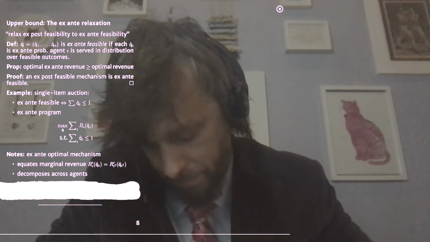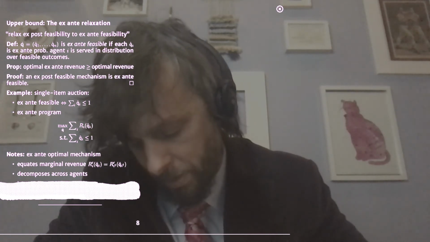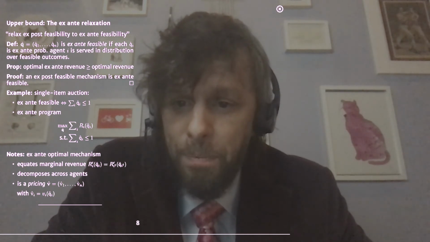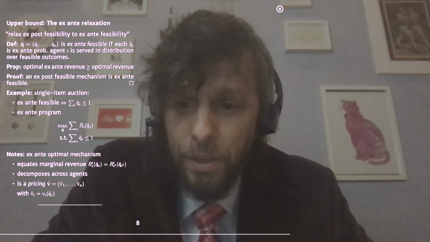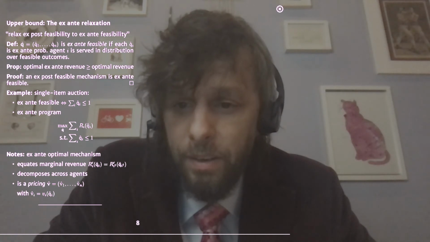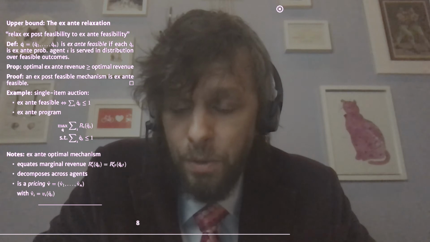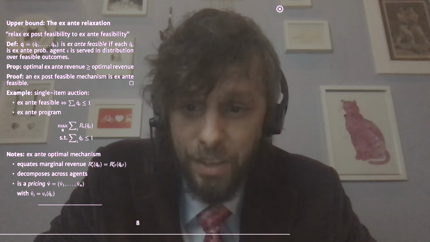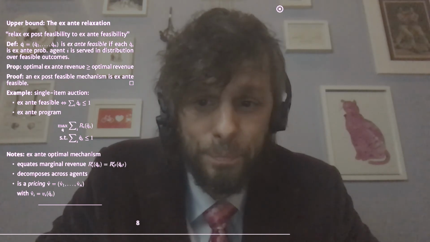And in particular, it's going to look like a pricing. So the optimal solution is going to be a pricing, which I'll denote by the vector v hat with components v hat 1 to v hat n. And here v hat_i is equal to the value that corresponds to the quantile, the ex-ante constraint q_i hat.